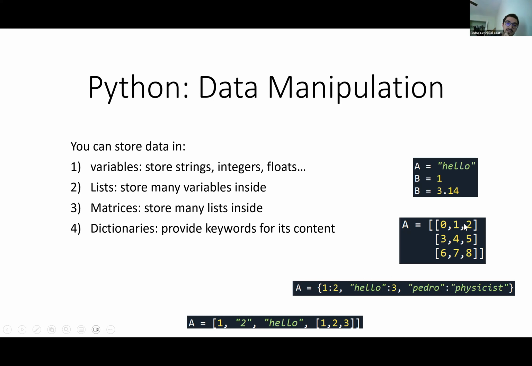Matrices are basically a set of lists. And also dictionaries. Dictionaries do basically what a list does, but you provide keywords for each of the contents inside the dictionary. Let me give you an example.